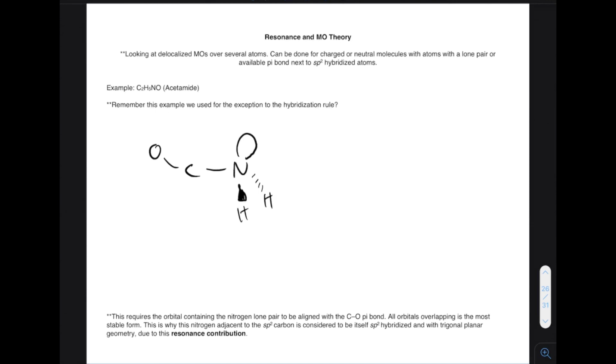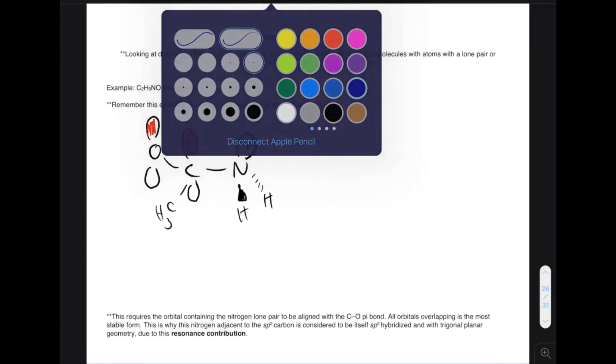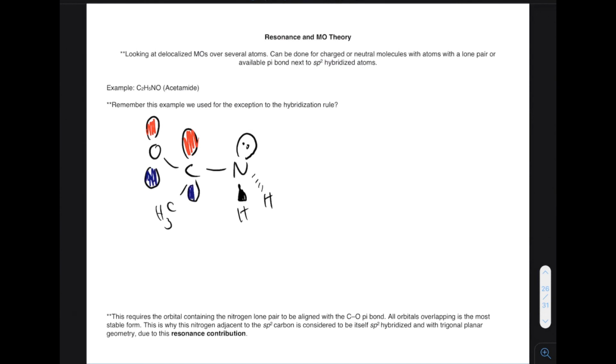And we'll have a lobed lone pair. And I've just drawn the sigma bond between the oxygen and the carbon. So its pi bond is above and below those two. Now we have this. So that is that pi bond between those two atoms.